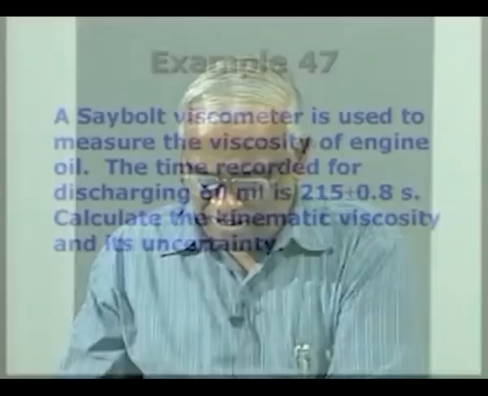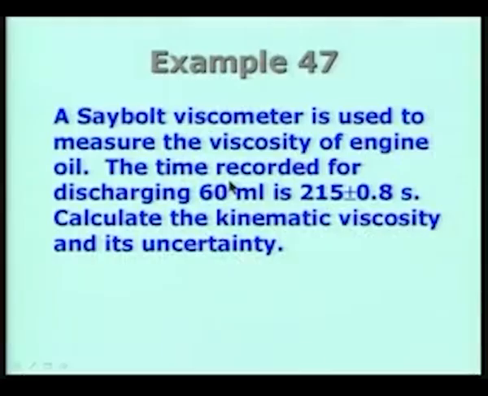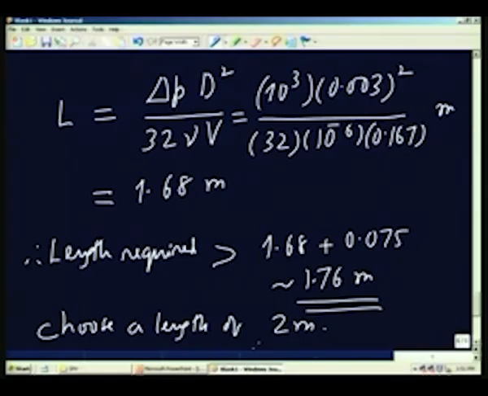So, we are talking about a lubricating oil here, and the time recorded for discharging 60 milliliters is given as 215 plus or minus 0.8 second. This is the experimental uncertainty, 0.8 second is the uncertainty. So, we want to calculate the kinematic viscosity and also determine the uncertainty. So, I will work it out on the board as usual. So, this is example number 47. It is a simple application of that formula.